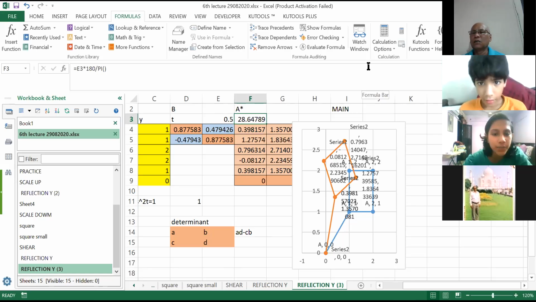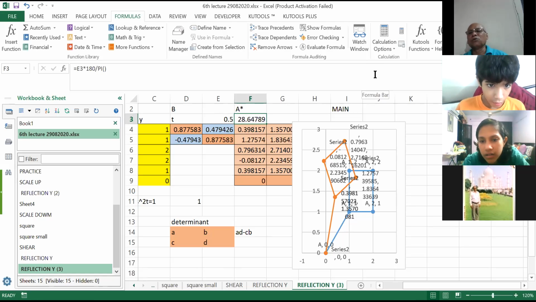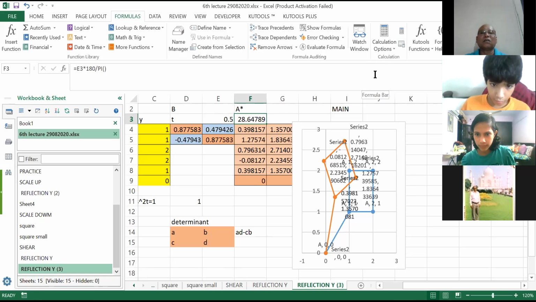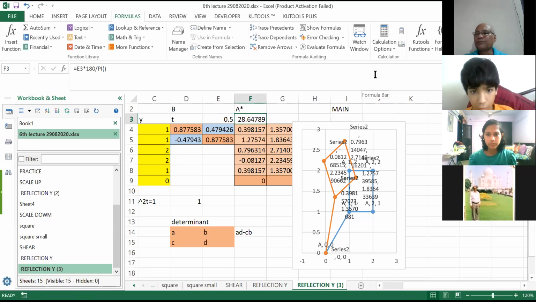The second one is 0.479426 only. That may change depending on your 32 bit or 64 bit, depending on that these values may change, but it is around 28.4 or 28.6 degrees. So up to this, okay.